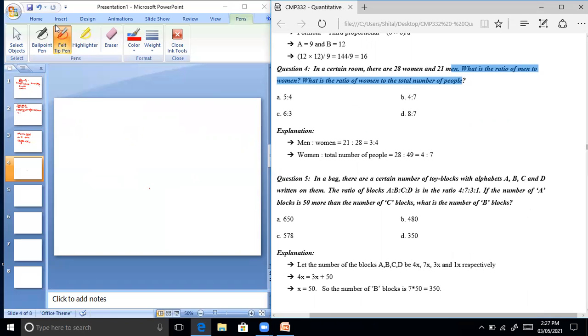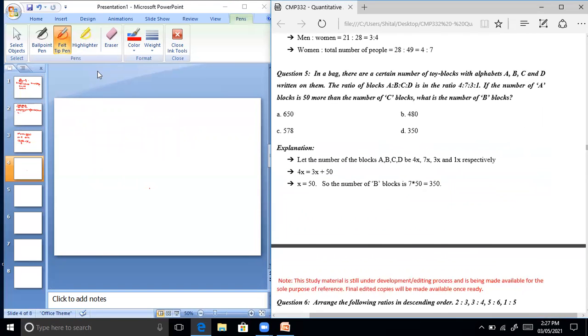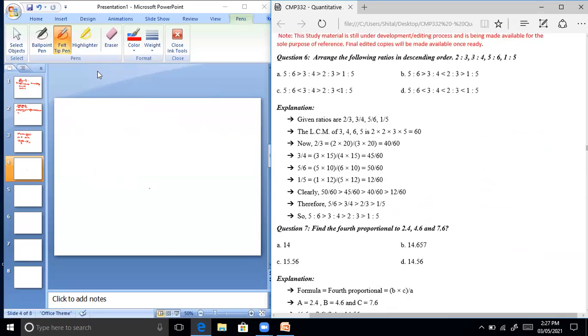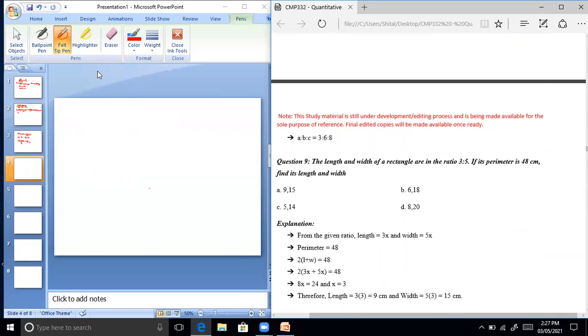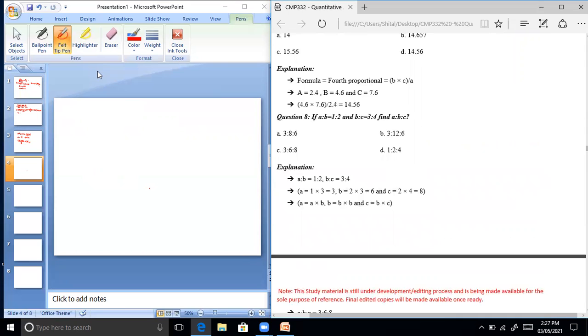The ratio of women to total number of people: women is 28, and you have to divide it by the addition of the men and women. Okay, so we'll see question 8.